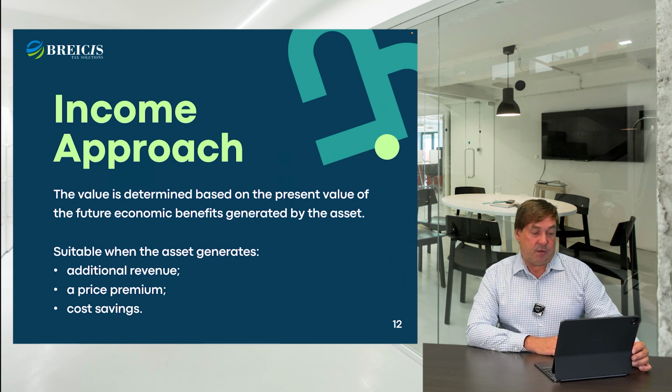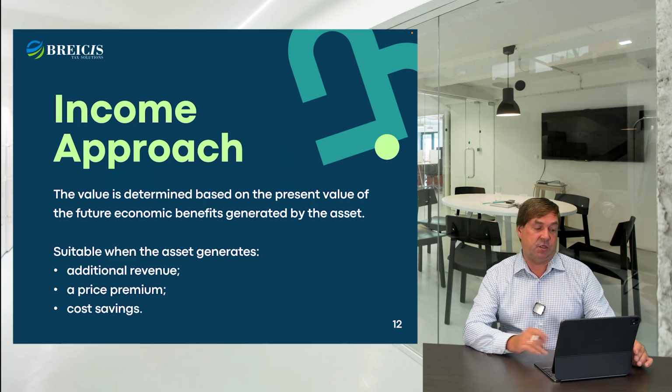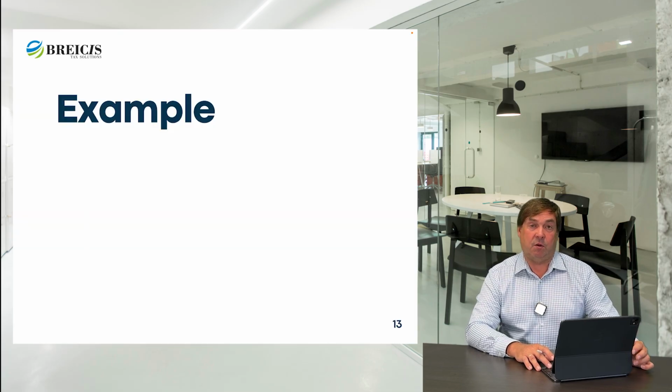This approach is suitable when you have a forecasted revenue stream, when it is obvious or could be easily calculated what the revenue in the future will be. Then you can apply this income approach, and most likely this is the most used of all three methods.